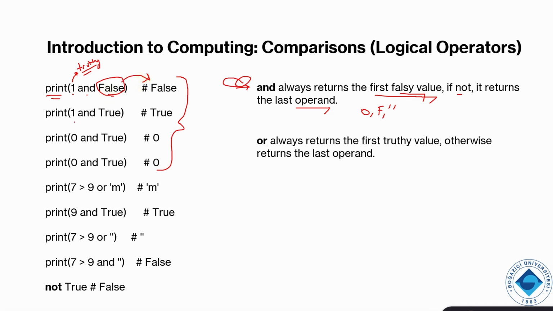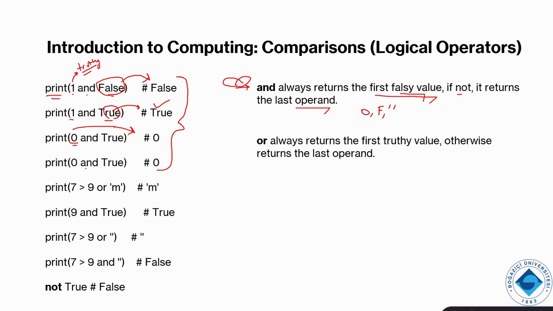If we go there, 1 and 2, there is no false value, so it will return the second value, again as a true. And if I ask 0 and 2, as we have a false value here, it will return this false value, 0.